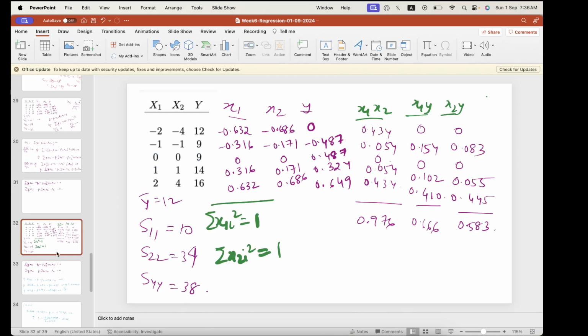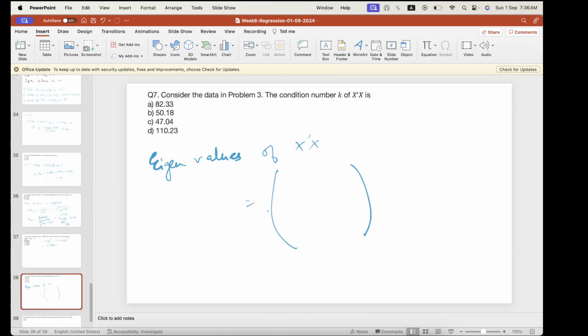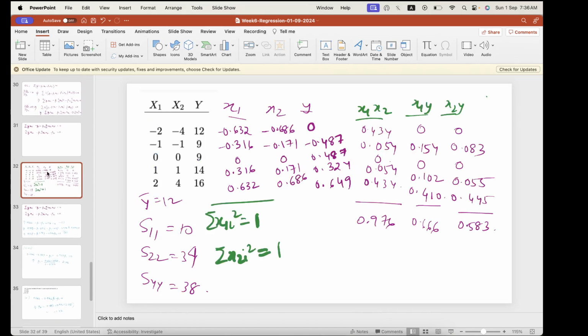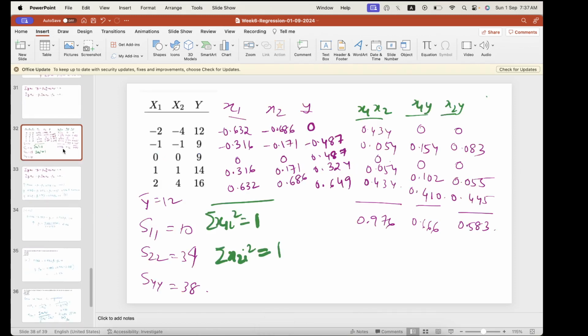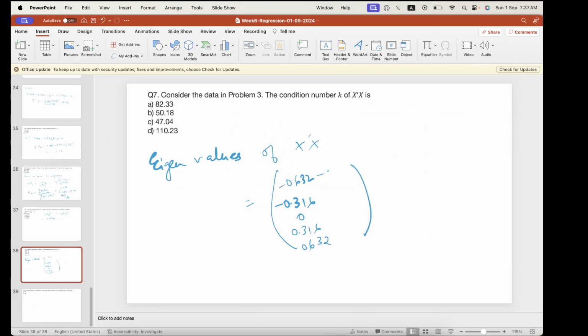Okay, so this is minus 0.632, minus 0.316, 0, 0.316, 0.632, and here similarly we'll have minus 0.686, minus 0.171, 0, 0.171, 0.686.